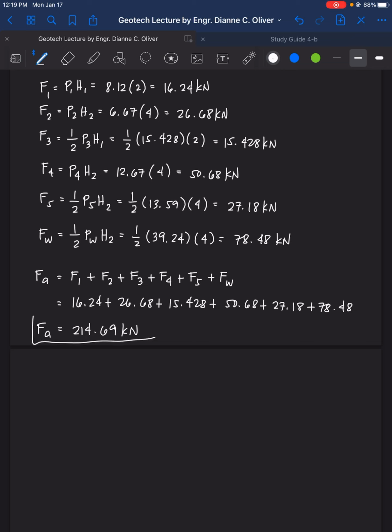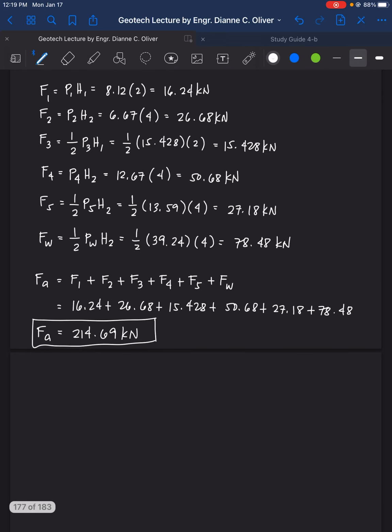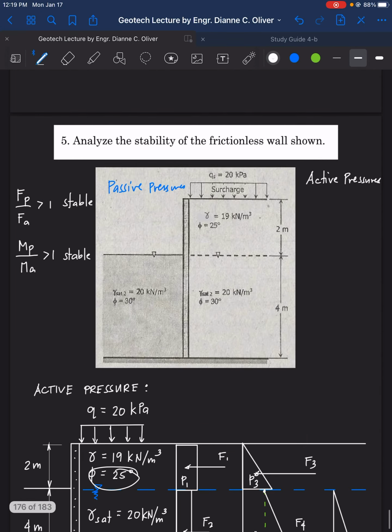Let's box this because we need this for our ratio later. Finally, we get one parameter here because we are solving for FP, FA, MP, and E, just to test whether it is greater than 1 or not.